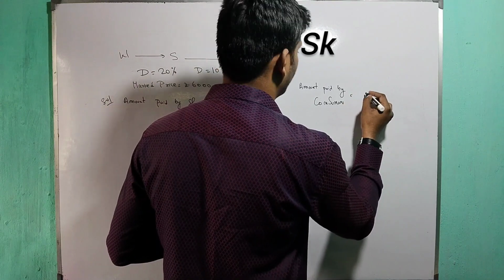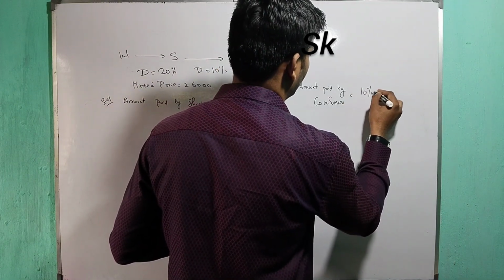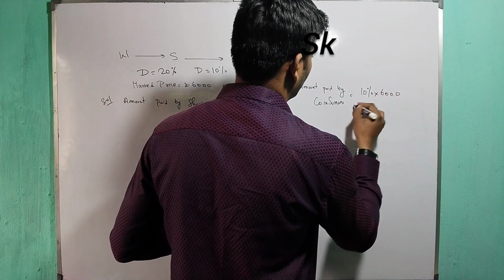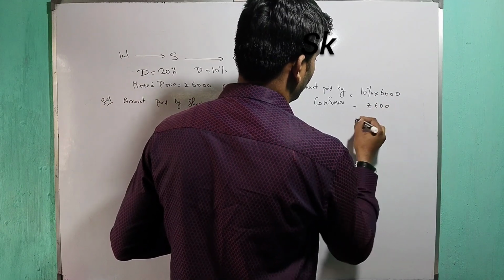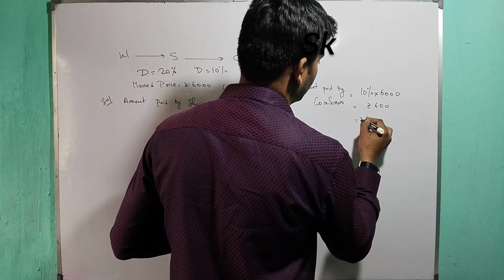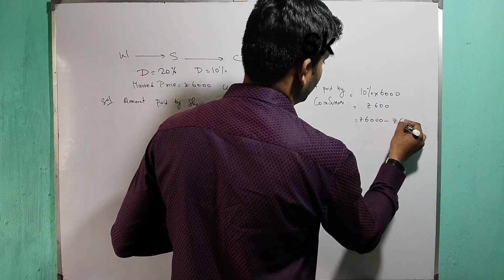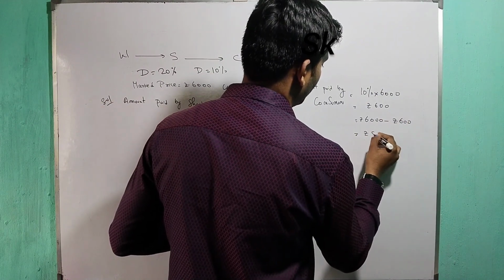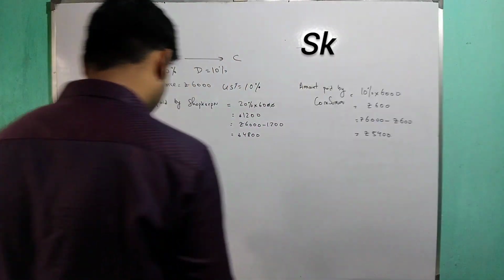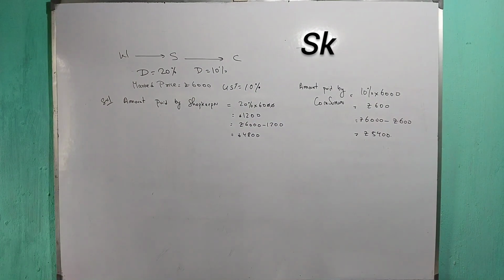How much? 10% off, so 10% of 6,000, rupees 600 less. So rupees 6,000 minus rupees 600, how much will it be? Rupees 5,400 is the amount which the consumer has paid to get the goods, but it does not include the tax value. You understood this one.